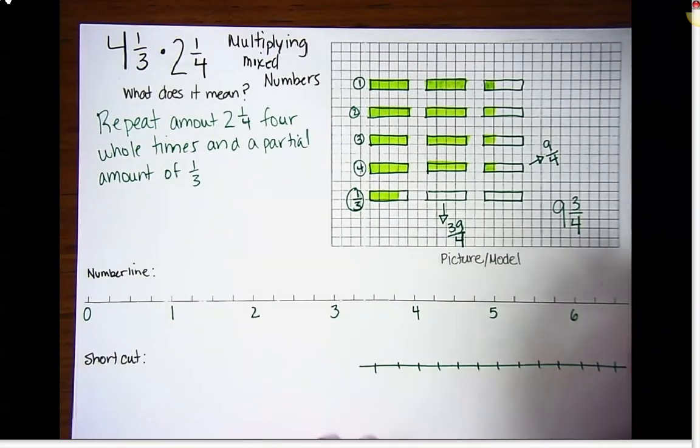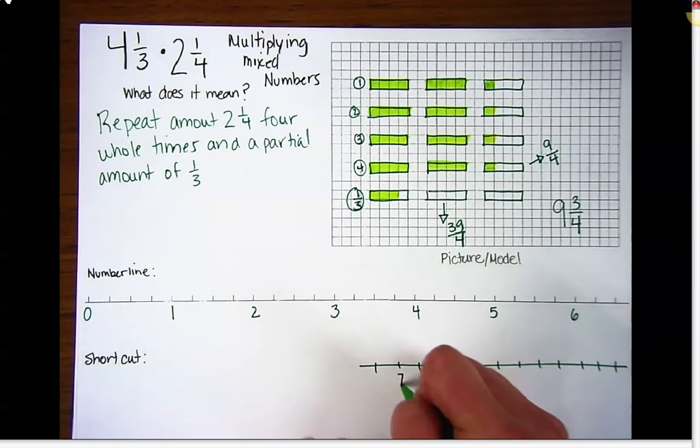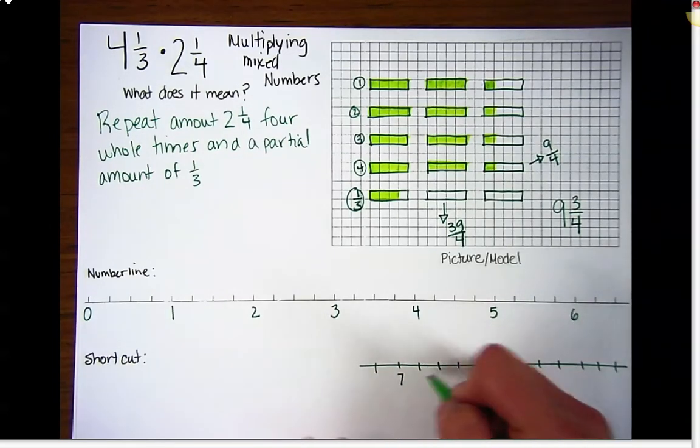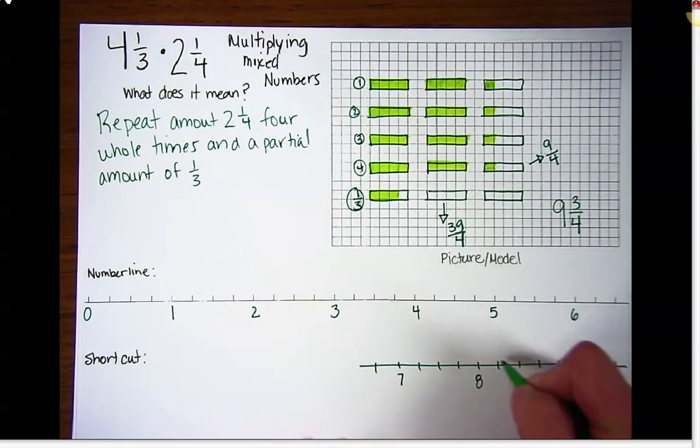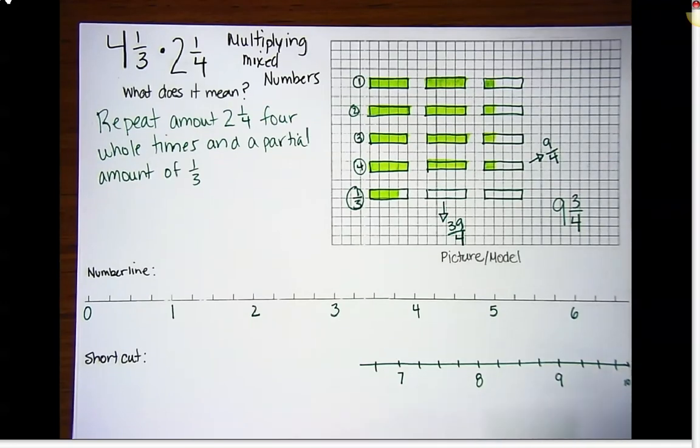Here's where it gets tricky. 1, 2, 3, 7, 1, 2, 3, 8, 1, 2, 3, 9, 1, 2, 3. Oh my goodness, I put just enough on here. 10. Squeeze it in over there at the end. All right, hopefully yours, maybe you have a few more marks than I do. Looks like I just made it.